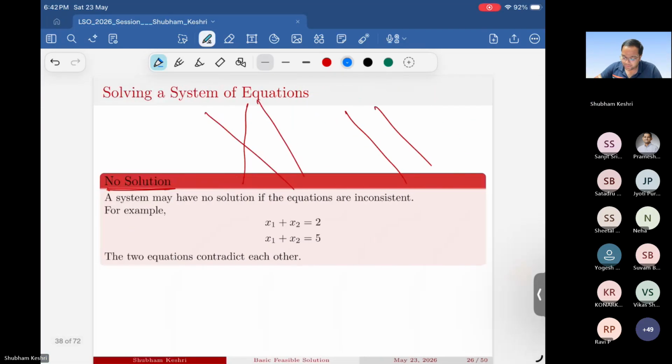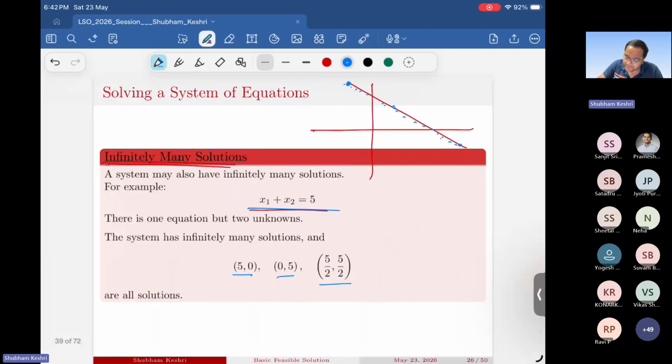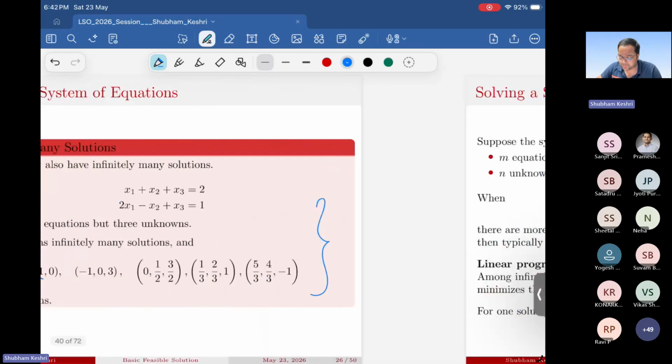No solutions, we are not interested. We are only interested in the case when we have multiple solutions. Why? Because in that case, optimization comes into play. When you have multiple solutions, we have to choose the best solution among those possible solutions. So everything we are talking about in optimization comes into play when we have an infinite number of solutions.